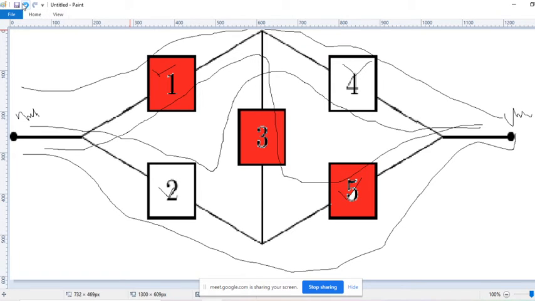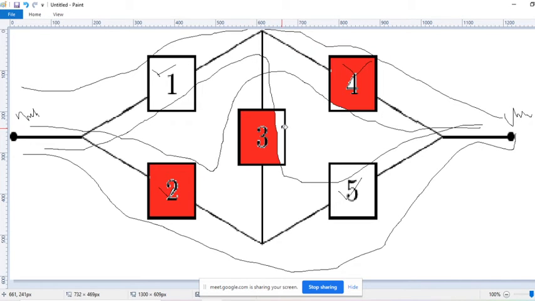Another situation is, 2, 3 and 4 are in failed state, then also the system cannot work. Okay. Another possibility is 4 and 5 are in failed state, then also the system cannot work.